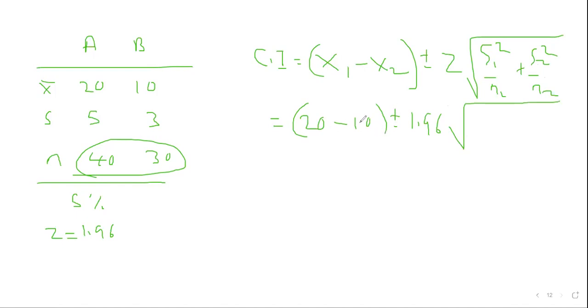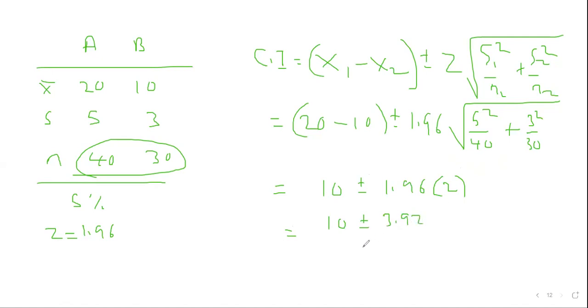Then here we have our standard deviation, which is 5 squared over our n, which is 40, plus 3 squared over n, which is 30. Here the difference of the means is 10, plus or minus 1.96. You evaluate that, you're going to get a 2. 10 minus, you're going to have what?